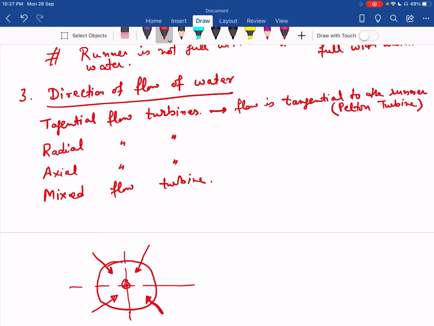So in radial flow, the path of flow of water remains radial direction to the runner. Now in the present time, we have no pure radial flow turbine.